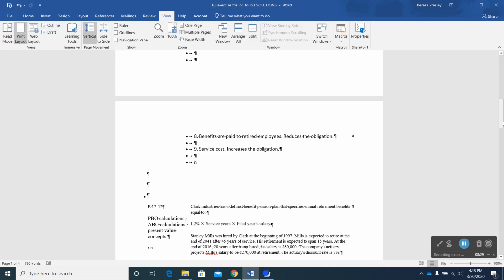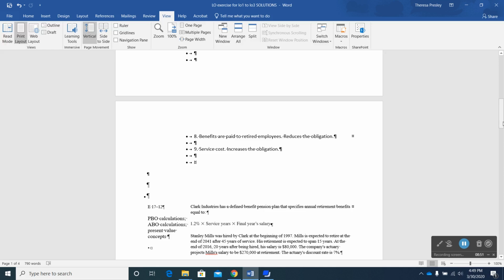Stanley Mills was hired by Clark at the beginning of 1997. You're going to start your timeline. You're going to make a hash mark at 1997. And then you're going to go out to 2016, because if you read in the third line, that's our balance sheet date at the end of 2016.